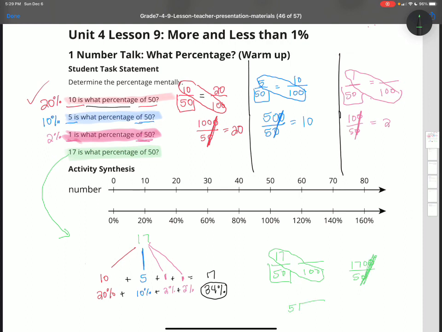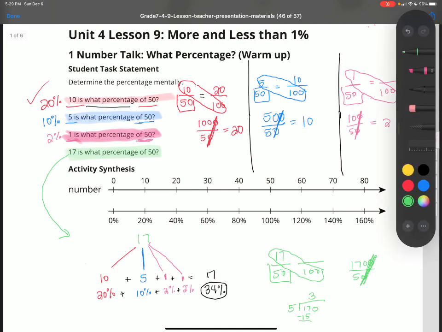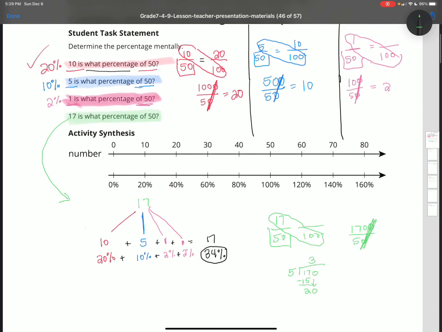And now I have 5. So how many times could 5 go into 17? 5 could go into 17 3 times, which is 15. Oops, it's supposed to be 2 left over. Let me make that a little bit neater because neat work makes the best work. So how many times could 5 go into 20? And 5 could go into 20 4 times, which therefore it is 34%.